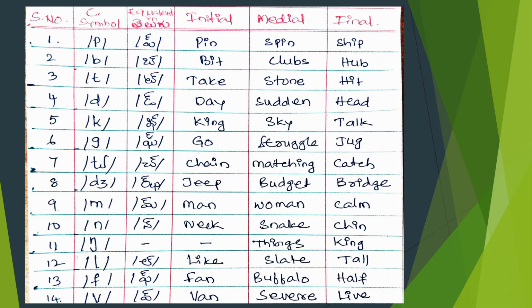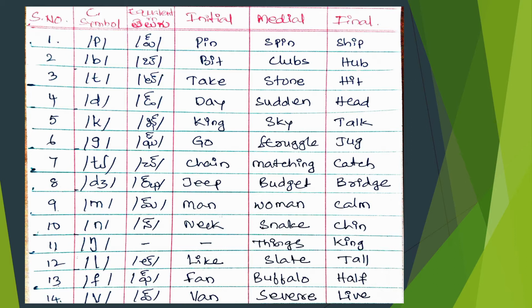Now medially it happens in the words such as buffalo, muffins, coffin, and all these. Now it also happens finally in the words such as half, calf, chef, like this. Now, for initial, medial, and final, you have to write at least 5 words of your own.